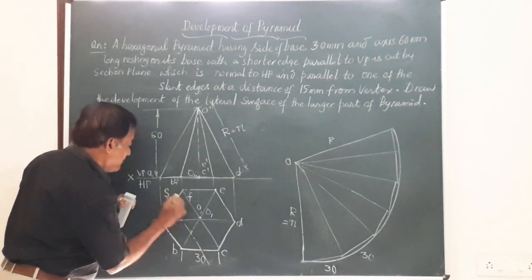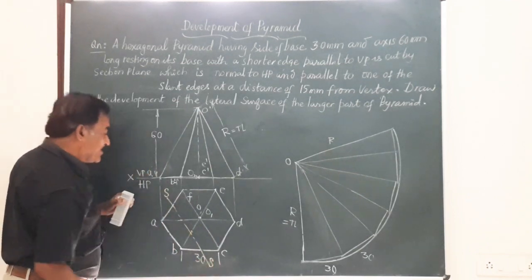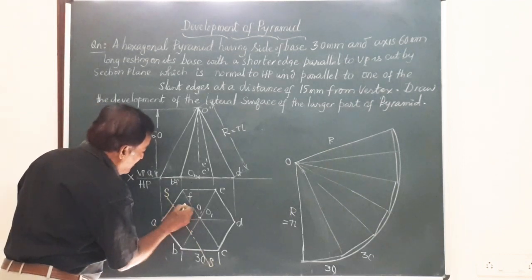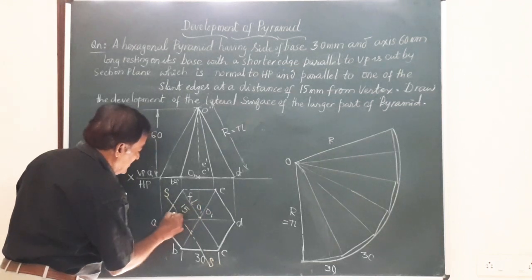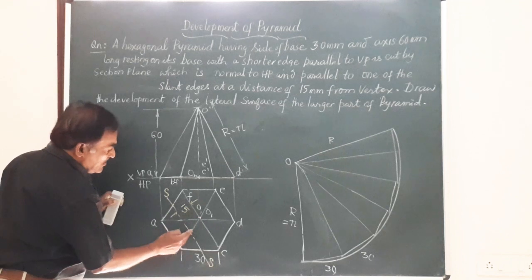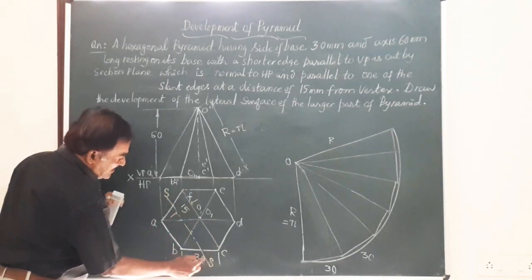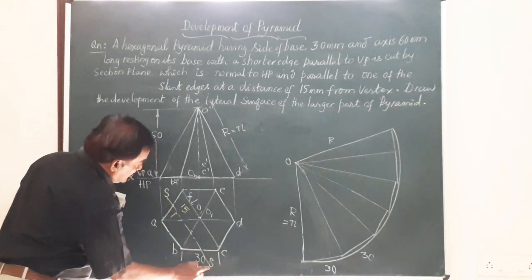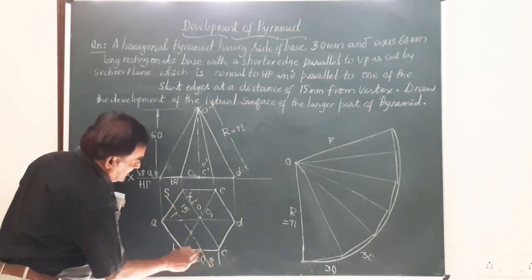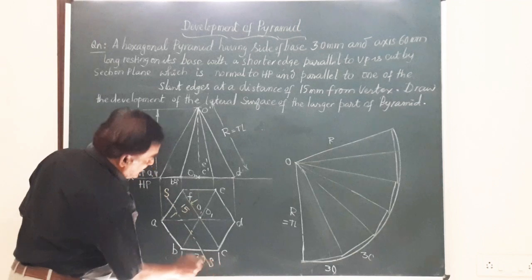I will call this section plane SS. SS is the section plane that is cutting the solid at a distance of 15 mm from the vertex. Vertex is O here. From here I have taken 15 mm. These two are parallel to each other. That is, the section plane SS is parallel to OF, one of the slant edges.